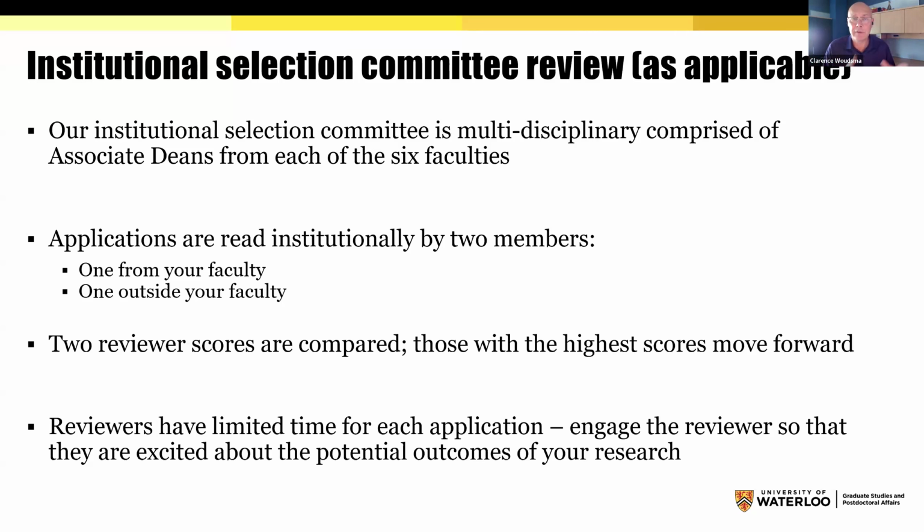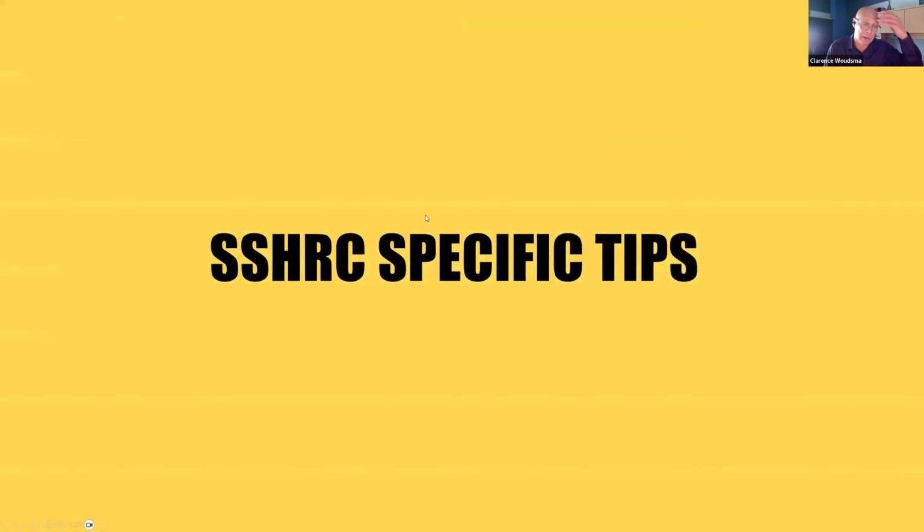Again, we're reading a lot of these in a short time frame, given the cycles that the agencies put before us. So it's really important that you present a research proposal that, again, is engaging, is clear, and convinces us that you have the capacity to do the work that you have proposed in your research proposal. So that's how the institutional selection committee runs.